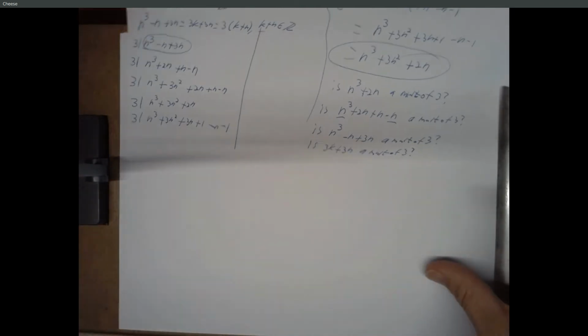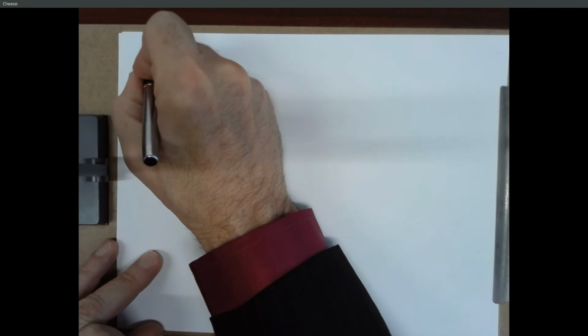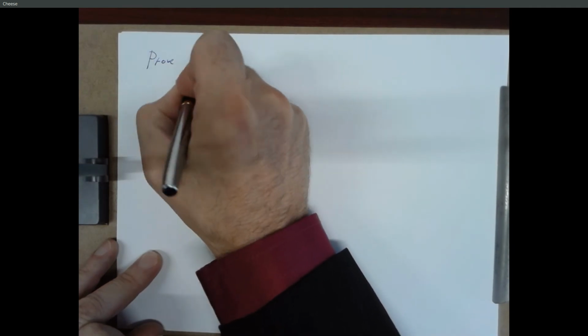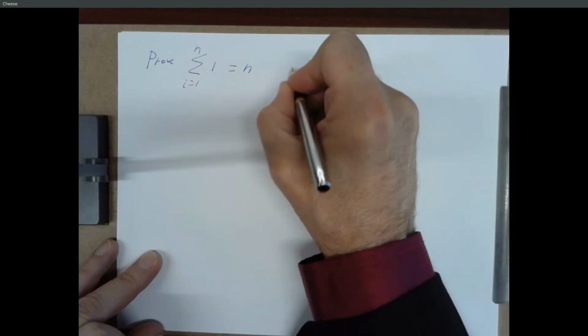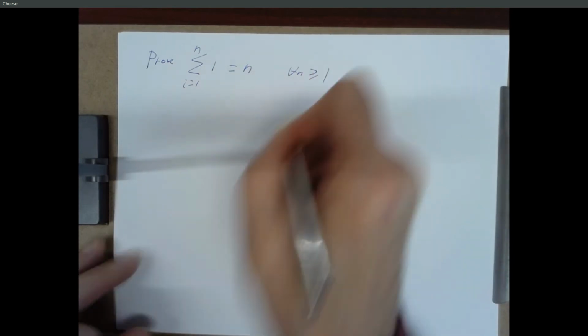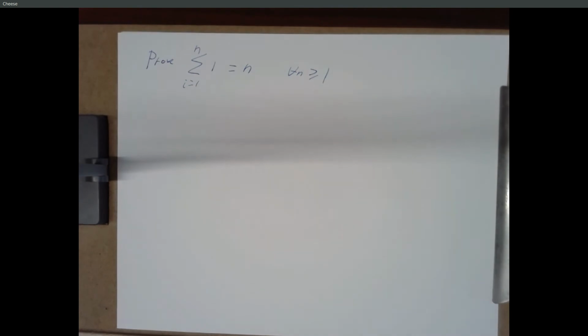All right, let's swing to the other extreme. Prove that if we add 1 to itself n times, we end up with n.